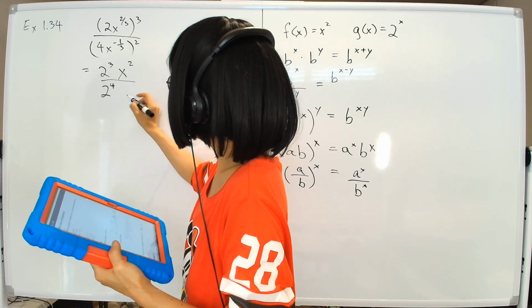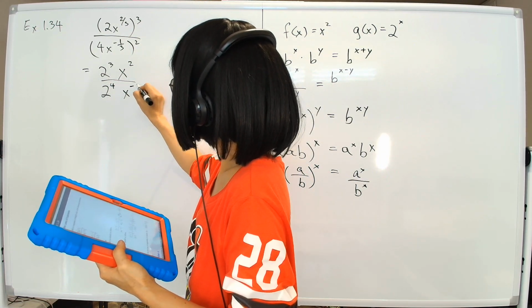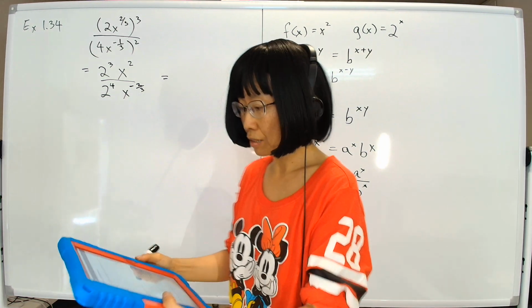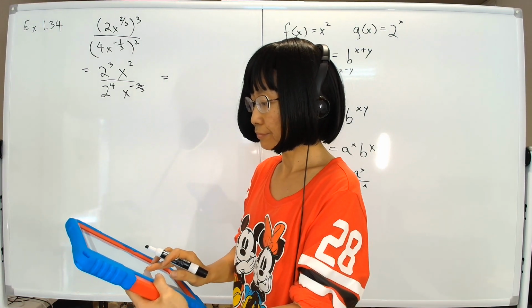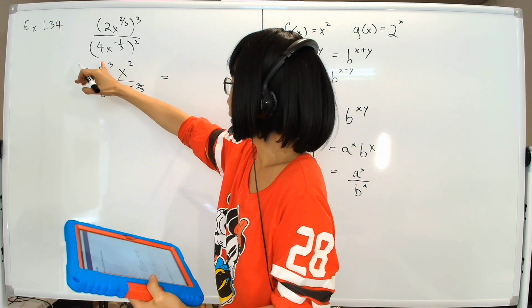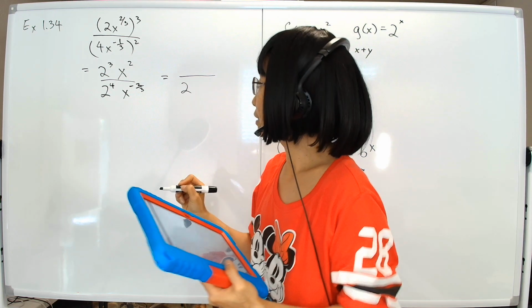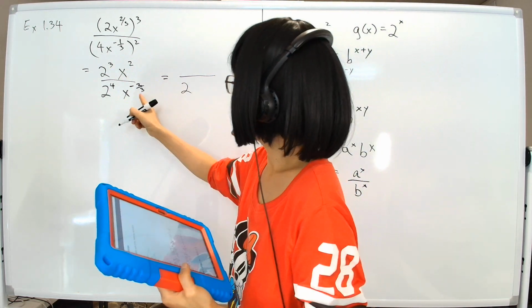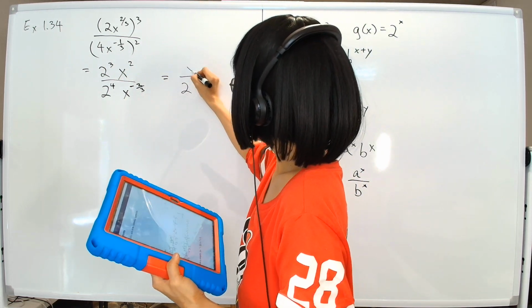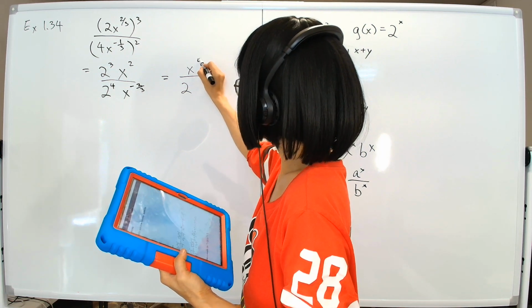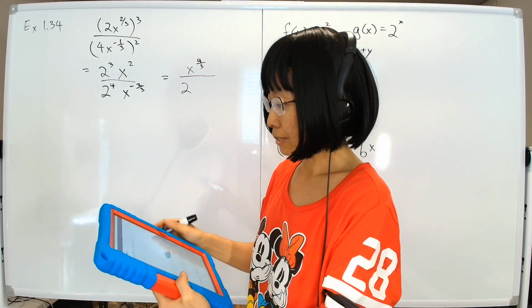And the x powers, dividing means subtracting, so that's minus 2/3. All right, so that's 3, that's 4, so you have one of the 2 left, and the x exponent is 2 minus 2/3. You have x to the 1 and 1/3, or 4/3, left on top, like that.